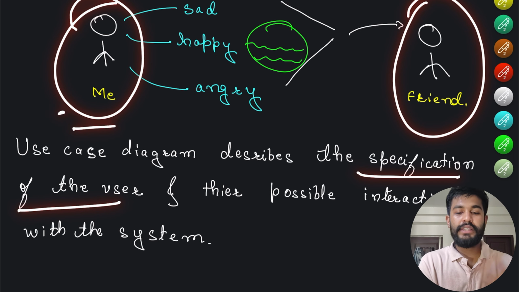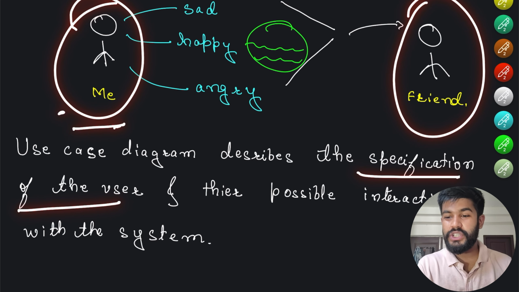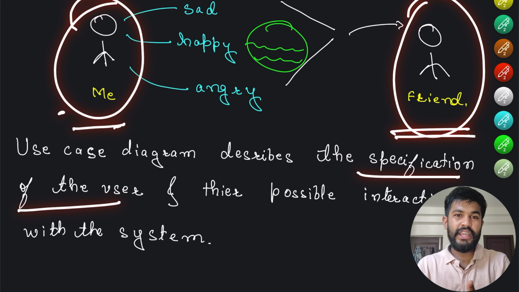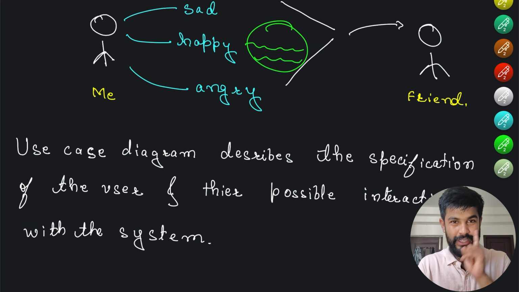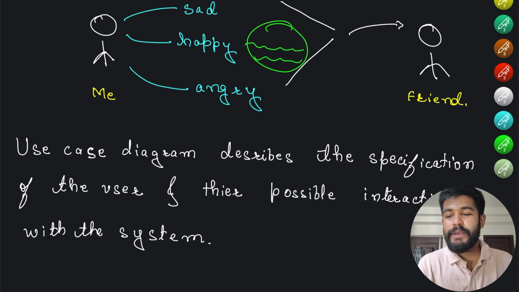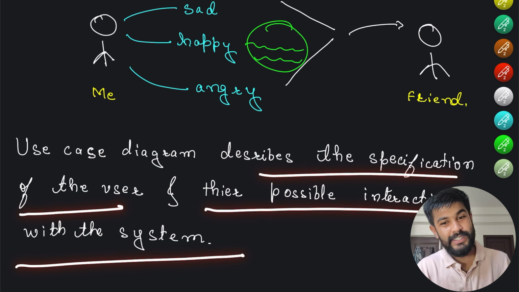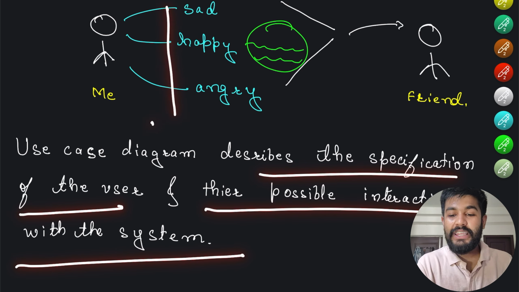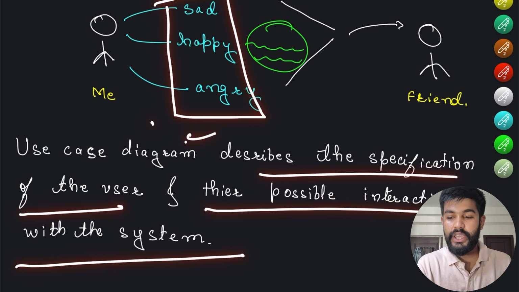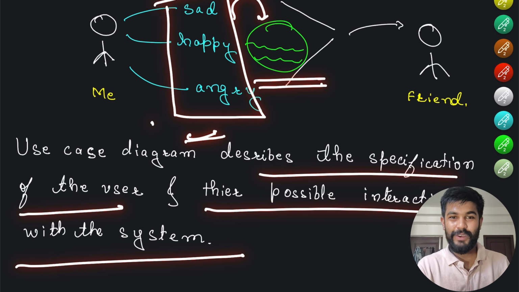I am this much tall, what I am doing, what position I am currently at. This is my friend, what he is and what is his relationship with me. This is important. So specification of the user and their possible interaction with the system, okay. And these all emotions, okay, are known as use cases. Interaction with the system, okay.